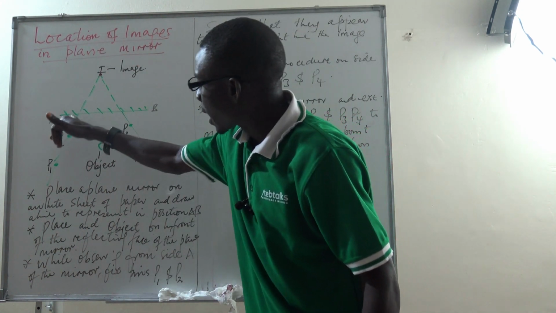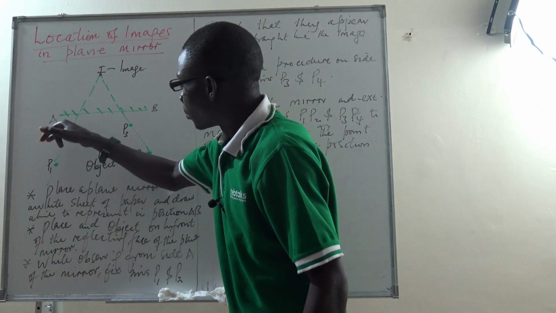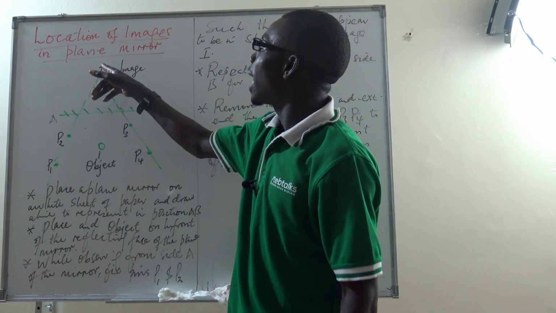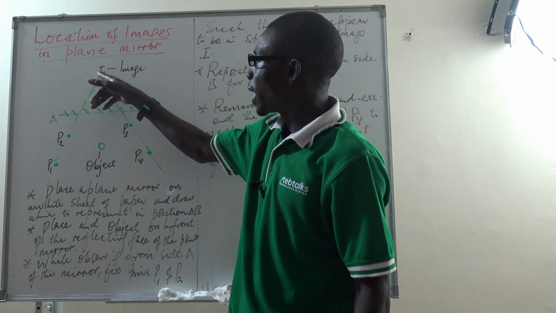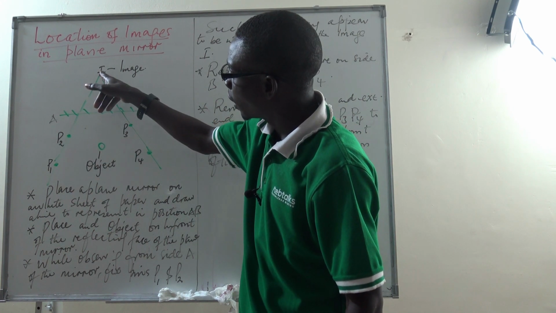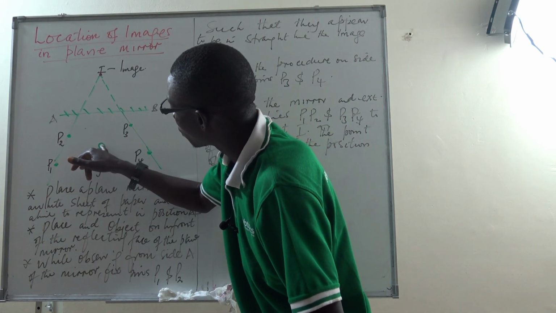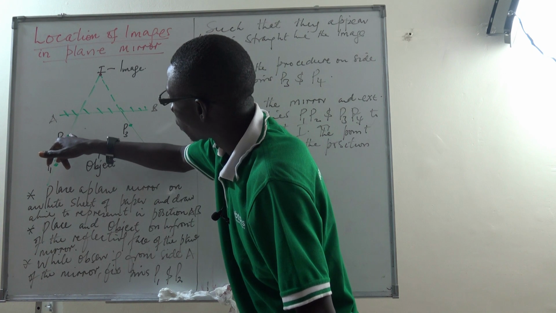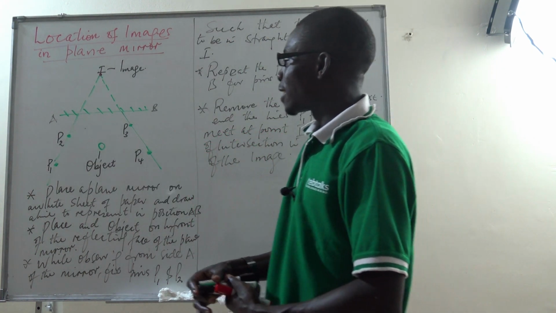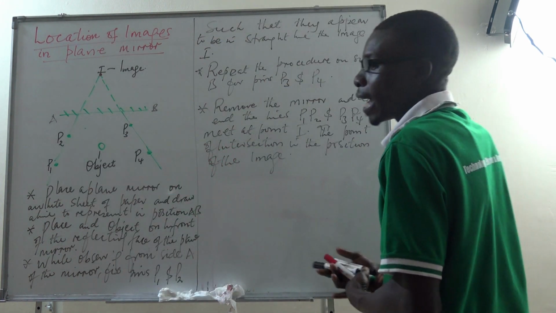So if you come to this other side here, place 2 pins in such a way that these 2 pins appear to be in line with the image of this object at this point here. So put this pin and this pin so that the image you're seeing, of course when you're seeing from this other side, is the image of this object. When you're putting these 2 pins here, make sure the arrangement is in such a way that all the 3 are in a straight line.